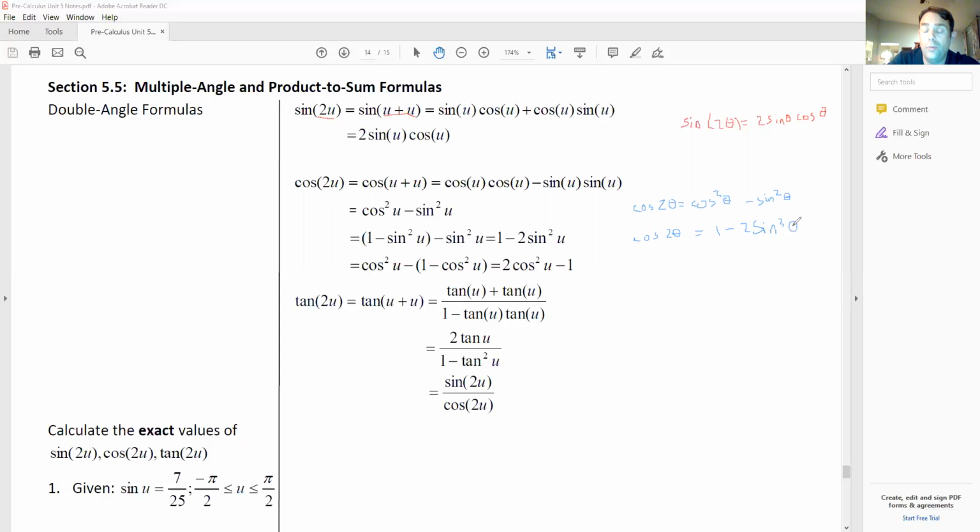And it can also be equal to 2 cosine squared theta minus 1.